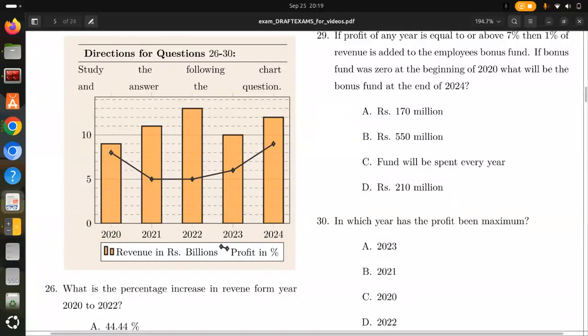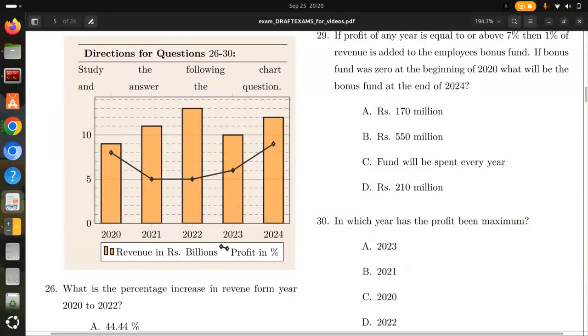So for example, what is the profit in 2021? Actual profit, that is 5% of the total revenue, that is 5% of 11 billion. Similarly, what is the profit in 2020? That is 8% of 9 billion, and so on. So the actual profit values are not directly given, indirectly given through this percentage.